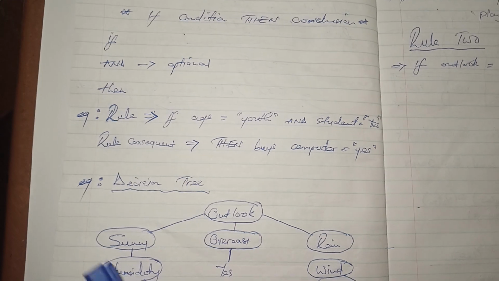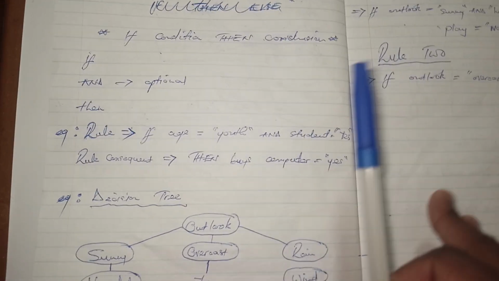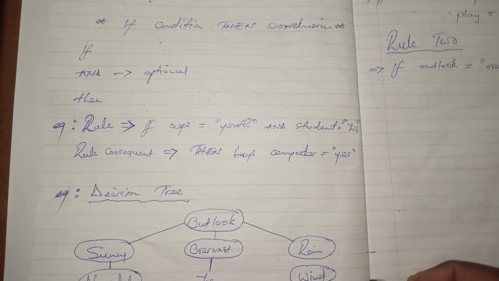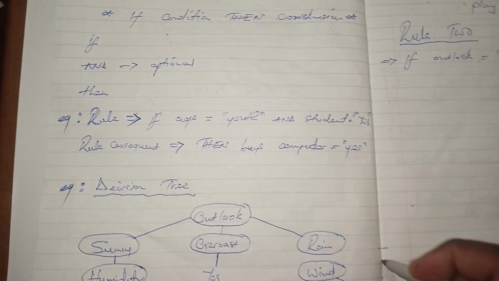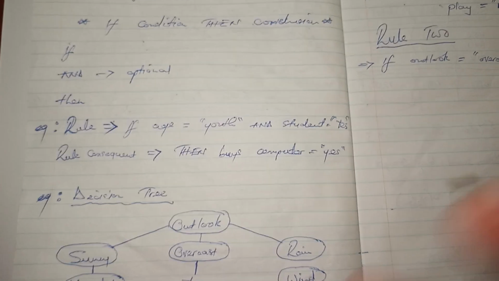So let's go on to a rule example. For example, there is a child and we want to buy that child a laptop, and the sponsor is saying if that child is a youth and if that child is a student, we will buy that child a laptop.